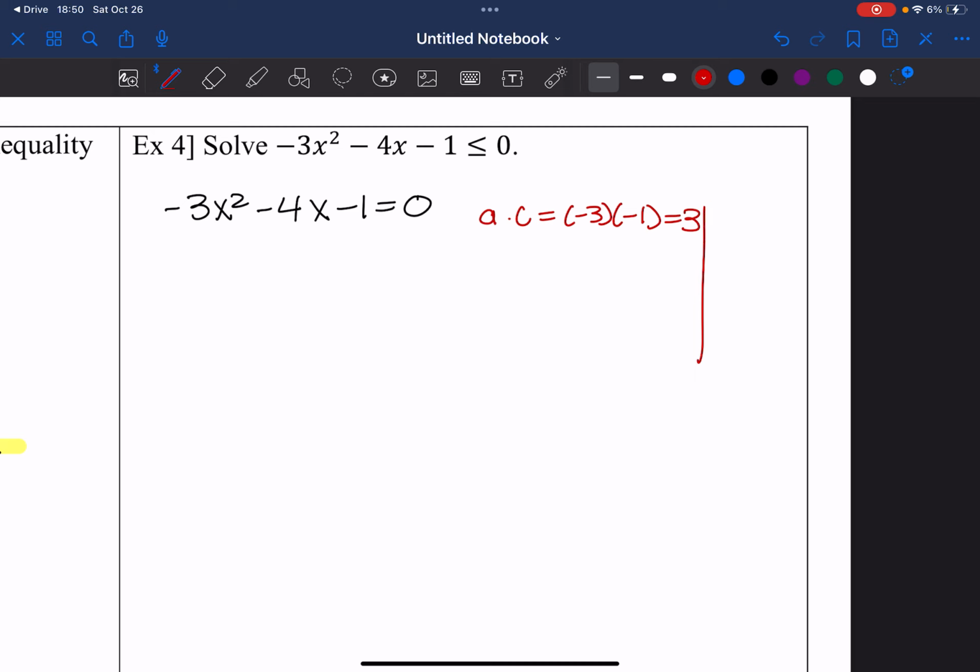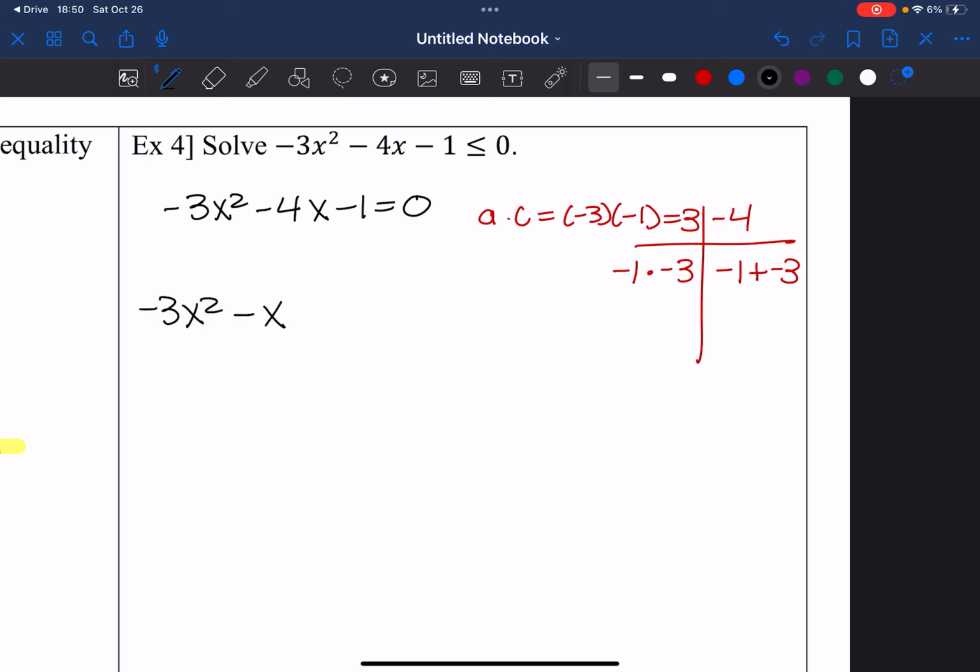And I need to find numbers that will add to -4. Okay, so that's -1 times -3 or -1 plus -3. So then I have -3x squared minus x minus 3x minus 1 equals 0.